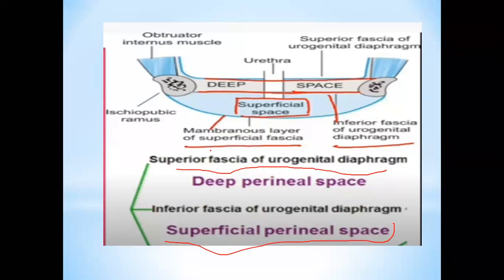This was asked in a question: what is the relationship of the superficial perineal space with regards to the urogenital diaphragm? It was one of the questions in the recent papers.